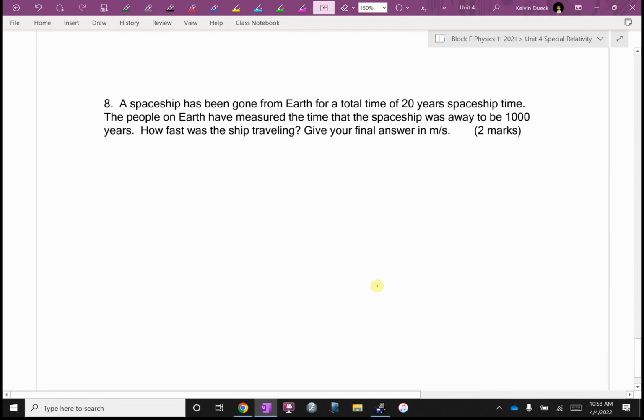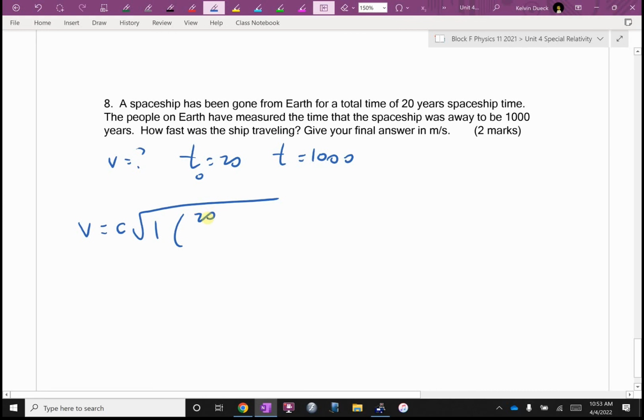Now they want a speed in meters per second. Okay. So that must mean they gave me time on board. They gave me time back on Earth. So V is going to be C square root of 1 minus 20 over 1,000 squared. Now they want the answer in meters per second.